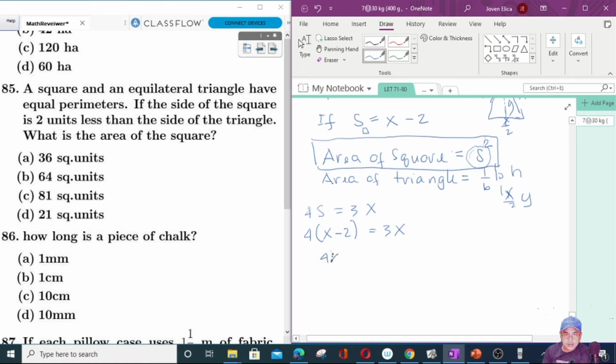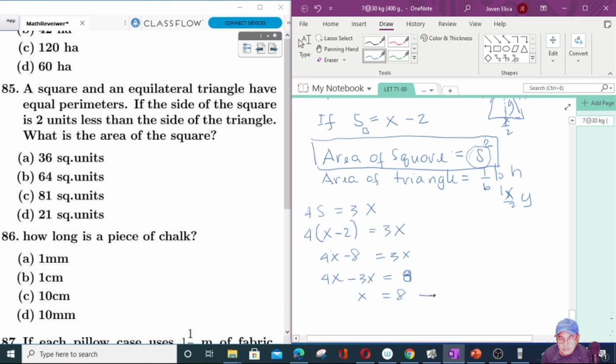So 4 times x minus 2 gives 4x minus 8 equals 3x. Transposing 3x to the left side, x is equal to 8.